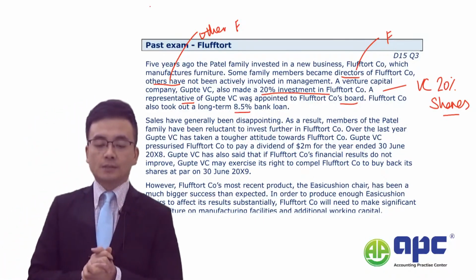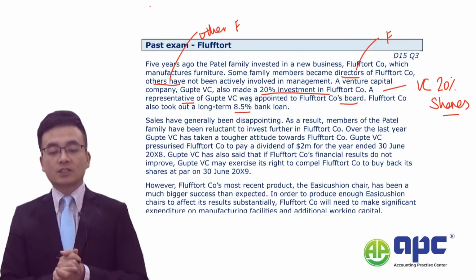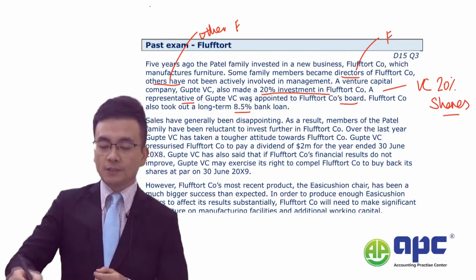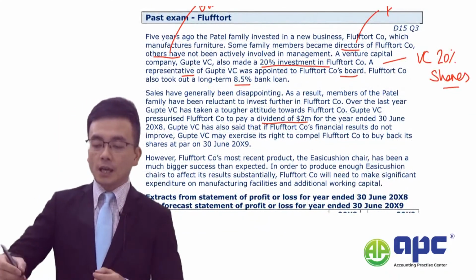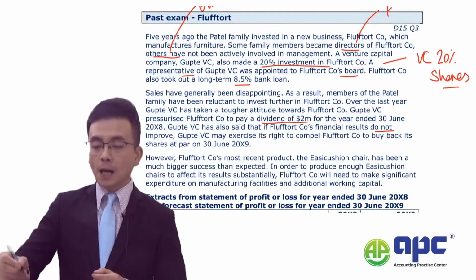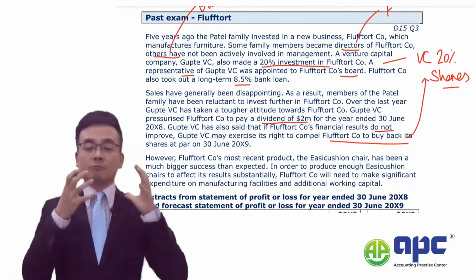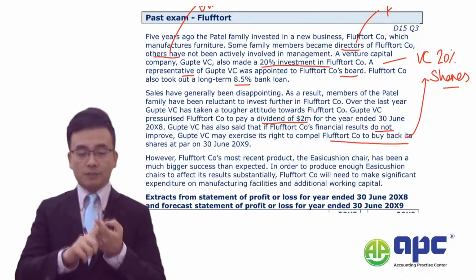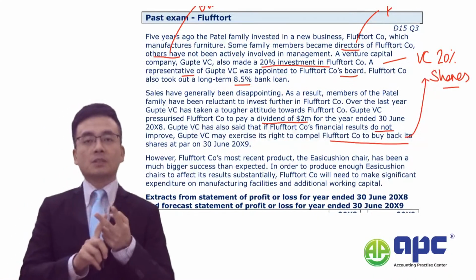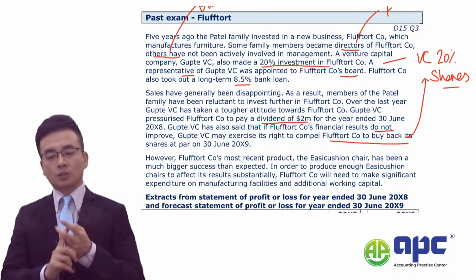Over the last year, the Gupti VC, the venture capital firm, has taken a tougher attitude, requesting the company to pay dividend if performance did not improve. You will need to buy back the 20% shares. So the VC is requiring the company either to pay dividend, or if you're not paying, it's fine, but if your performance is not good, you need to buy back the shares, which means give the money back to the VC.